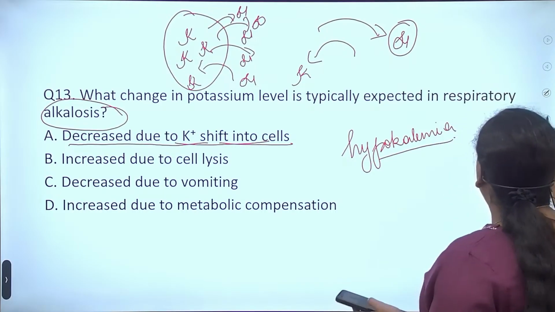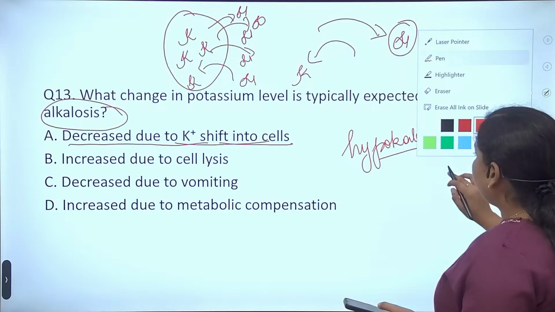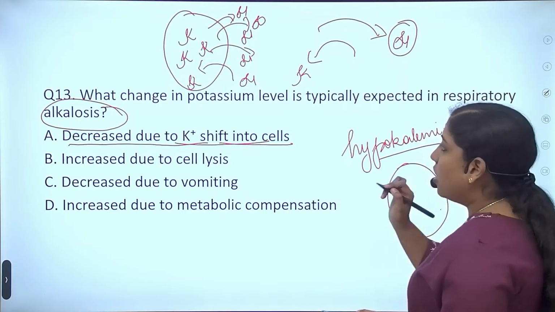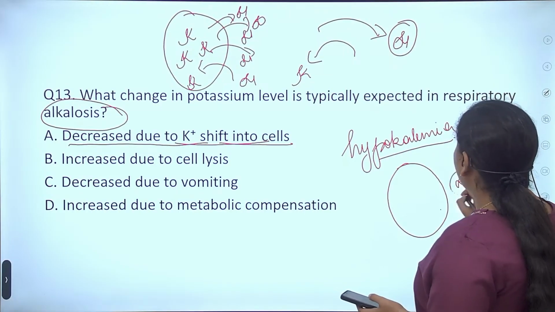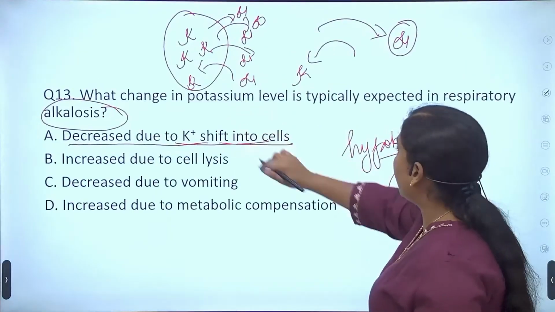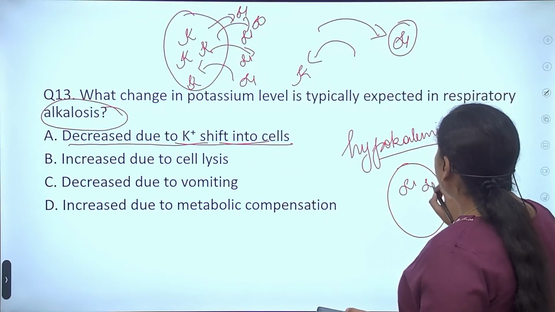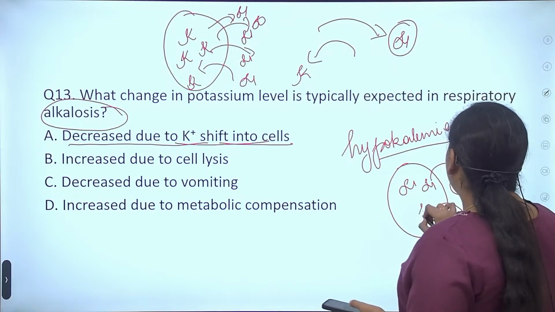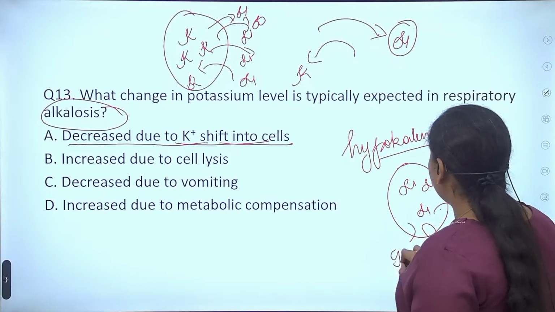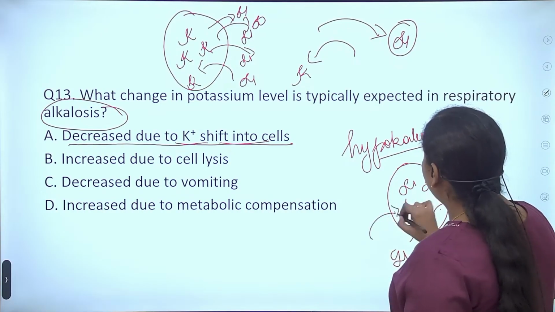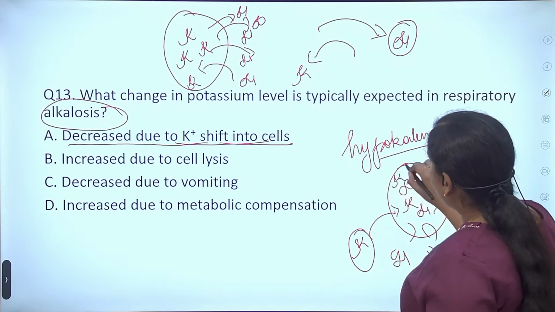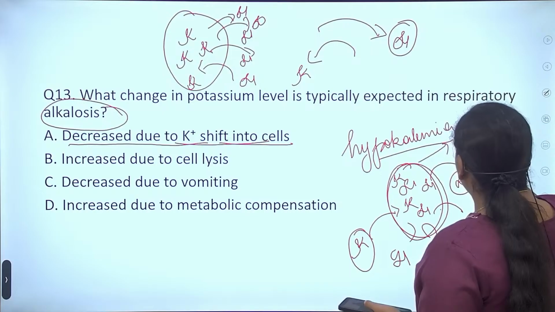Is that clear, or do I need to explain it one more time? Let me explain. In alkalosis, there is very little hydrogen present outside. The hydrogen present inside the cell will come outside in order to maintain the acidity, and the potassium will shift from the extracellular space to the intracellular space to maintain the neutrality.